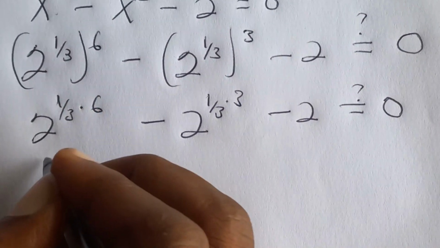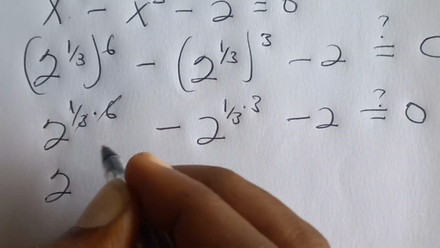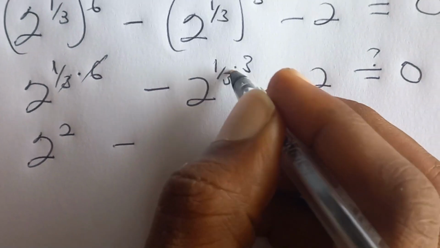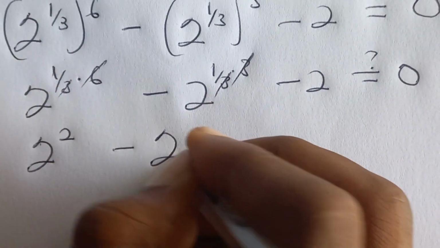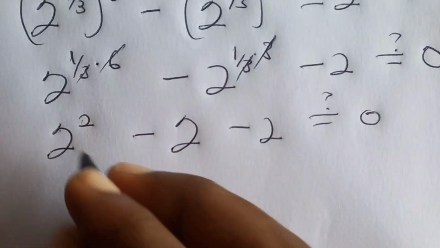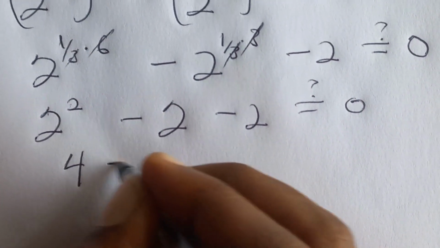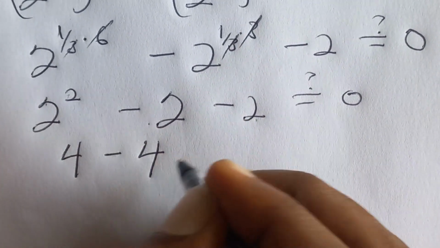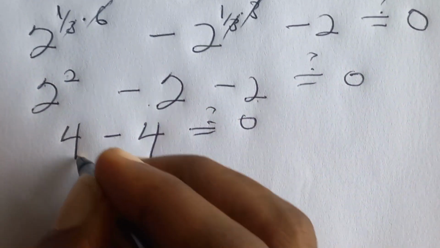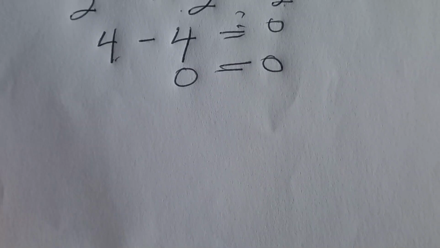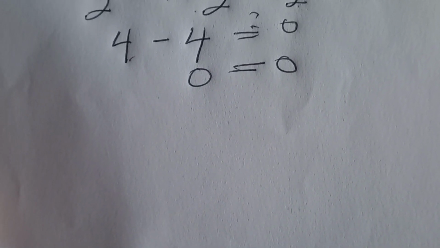So here we have 2 exponent, this one we cancel this, which is going to be 2 exponent 2 minus, this one will cancel this, 2 minus 2 is equal to 0. 2 exponent 2 is 4, then minus 2 minus 2, we are going to get 4 minus 4 is 0, and 0 is equal to 0. So it is true that x is equal to 2 exponent 1/3.